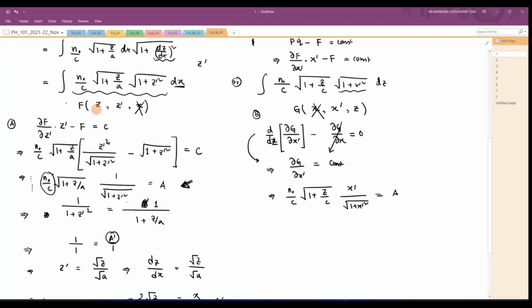But here if you start with the Lagrange equation, it will become very complicated to reach this step. So what we did is, if the Lagrangian is not having any time dependency, we can write pq dot minus l to be equal to constant. That special case we have actually utilized here. But if you start from this and put this f in the Lagrange equation and try to solve it, it will become very lengthy to reach this step.